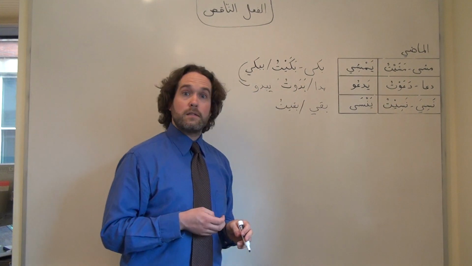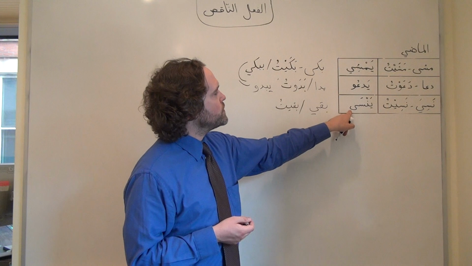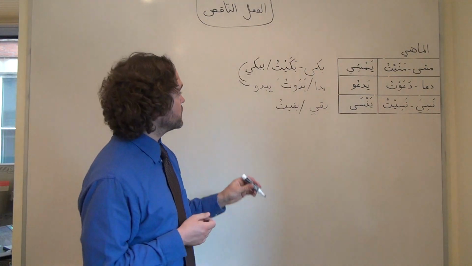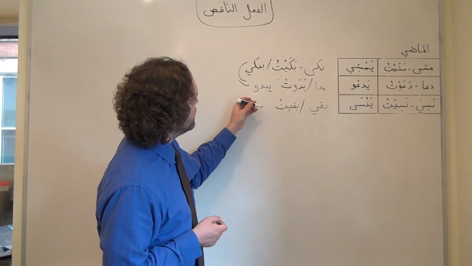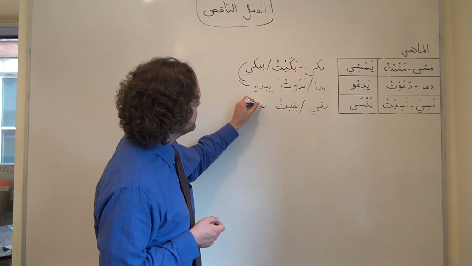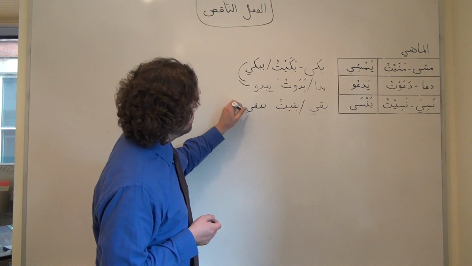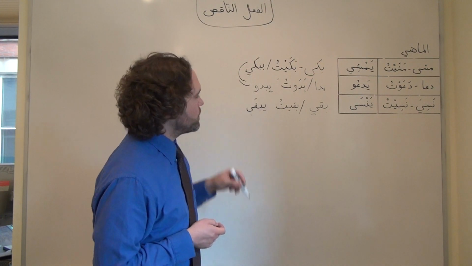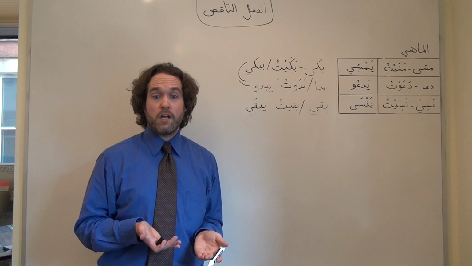And in the present tense, because I know that yansa has an alif maksura in the present tense conjugation, I can be confident in conjugating this verb yabqa with an alif maksura as well.